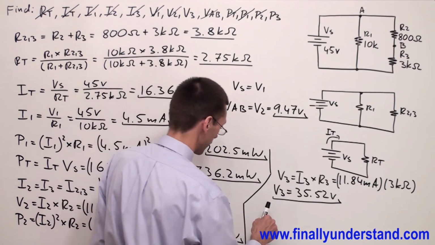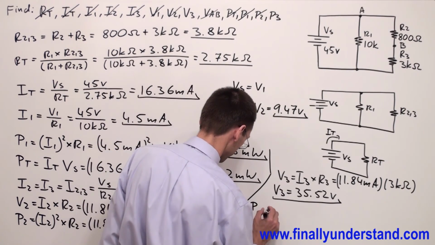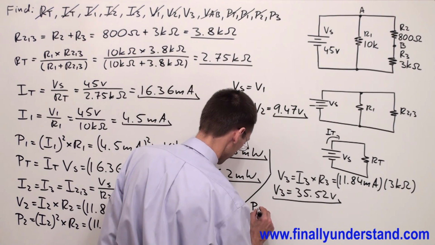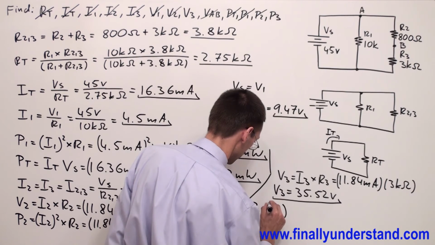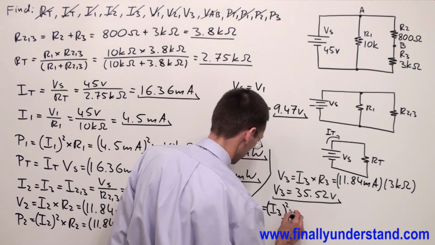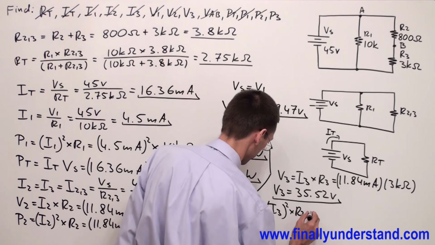Next, we're supposed to find the power P3. P3 is equal to I3 raised to the second power times R3.